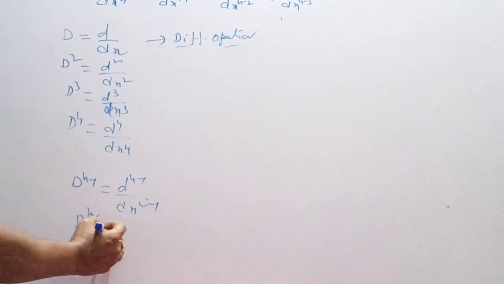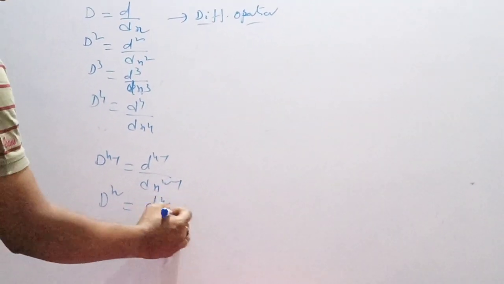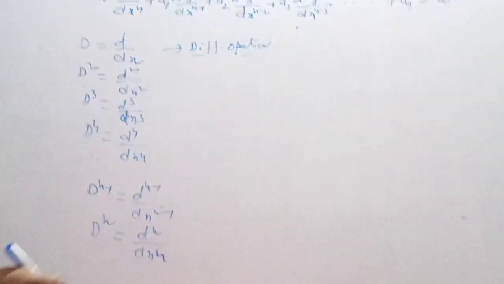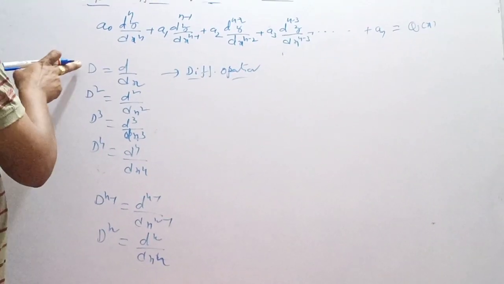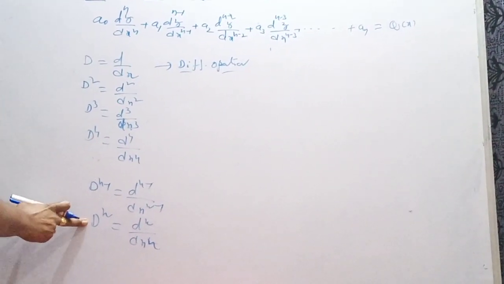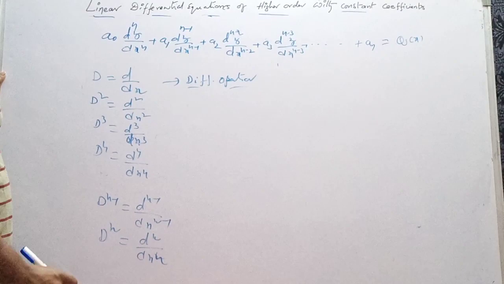D to the power of n equals d to the power of n by dx to the power of n. So when D is the differential operator, then D square, D cube, D power 4, and so on, D to the power of n are defined like this.